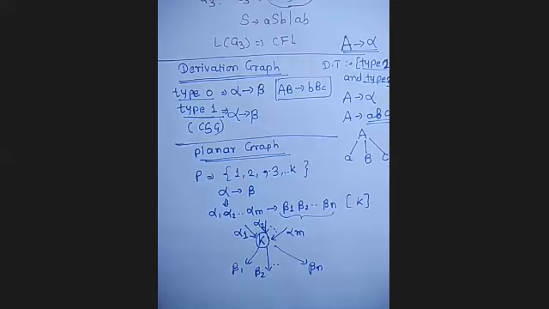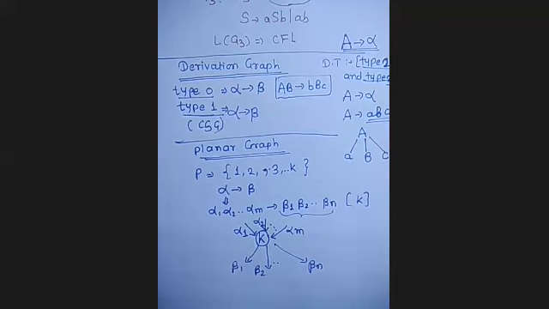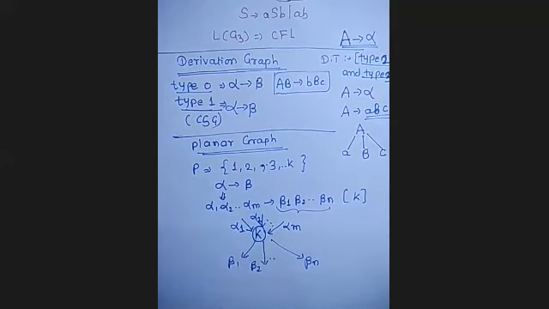Is that clear? I will take one example of the type 0 grammar and we'll draw the directed graph. You note down here. Is it clear how to draw the edges in the derivation graph?